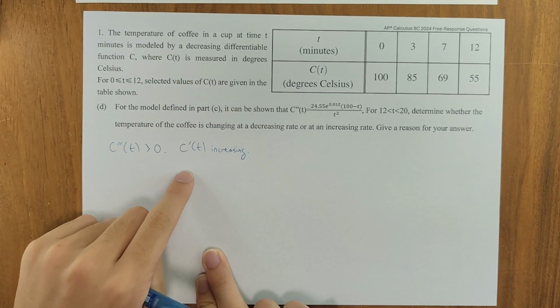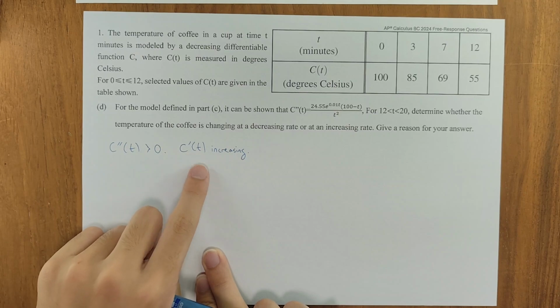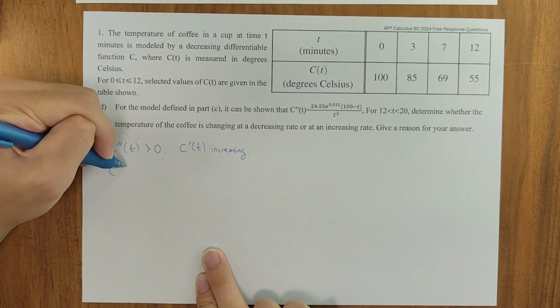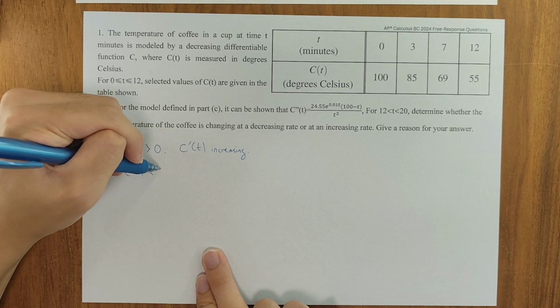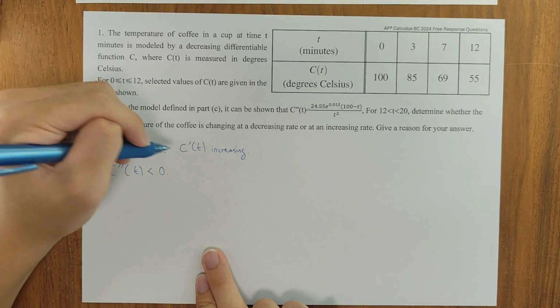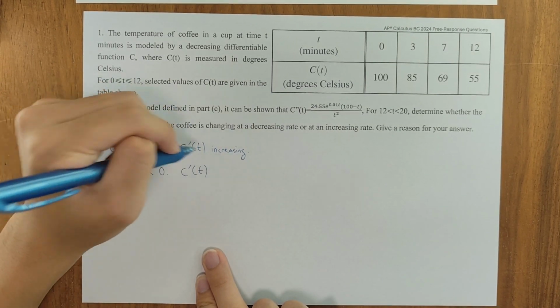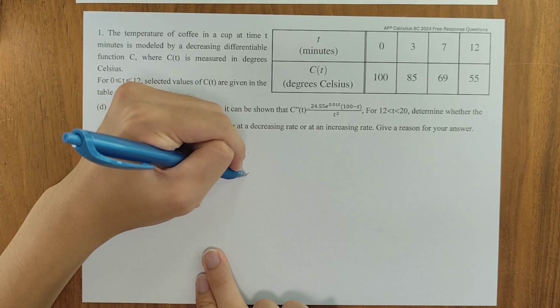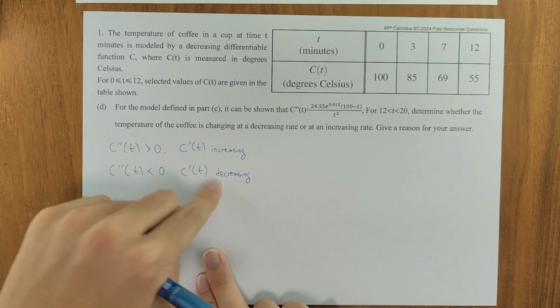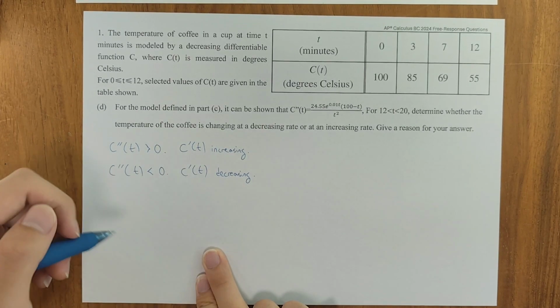And this function is C prime t, not C t, okay? So if the function's rate is negative, then C prime t is decreasing. And we're talking about that specific interval here.